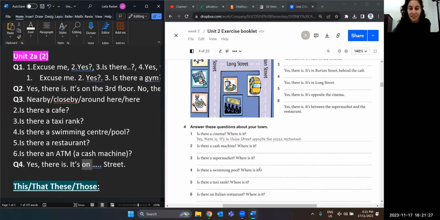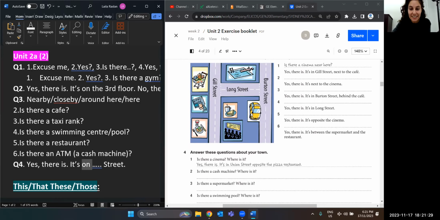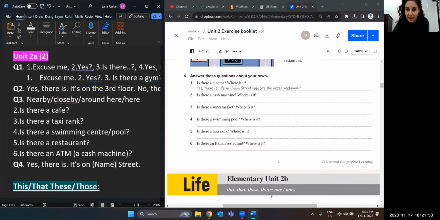5. Is there a taxi rank? Where is it? Yes, there is. It's on Burton Street. There's no the. So make sure there's no the. It's just the name. Behind the cafe, the coffee shop. And is there an Italian restaurant?